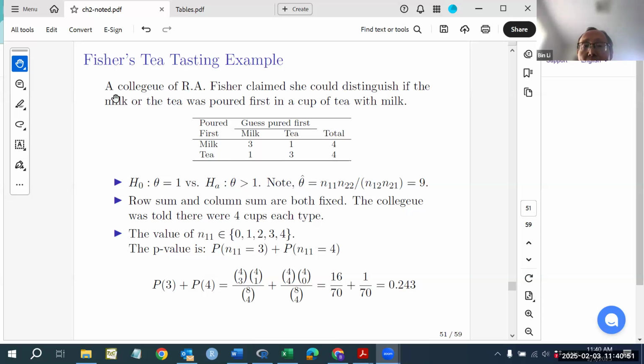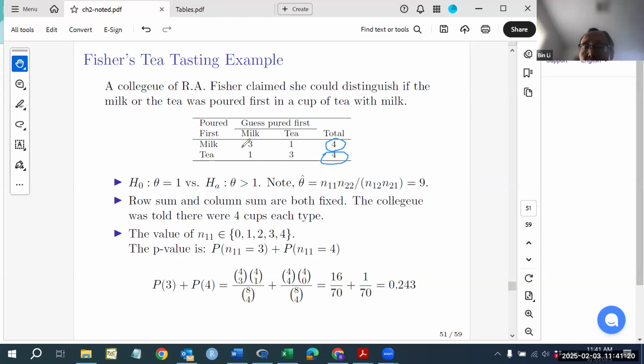His colleague said she could distinguish whether the milk or the tea was poured first in a cup of tea with milk. So they conducted an experiment with 4 cups with the milk poured first, tea second, and 4 cups with the tea poured first and milk second, and then let the colleague try it.